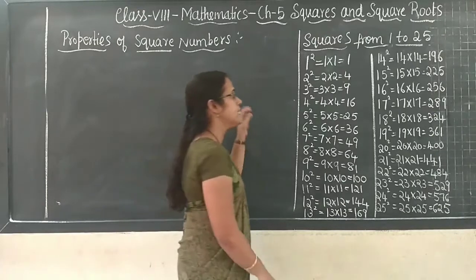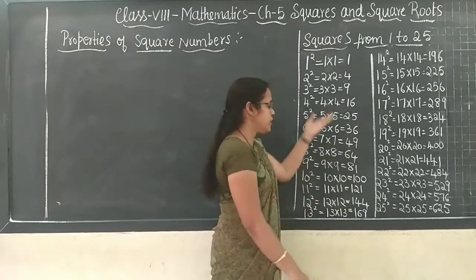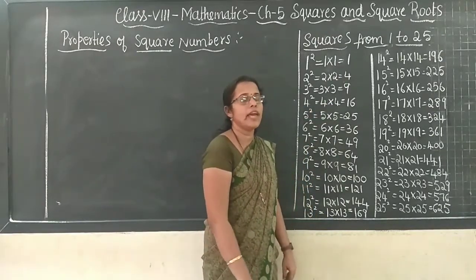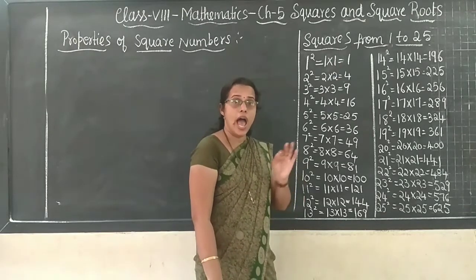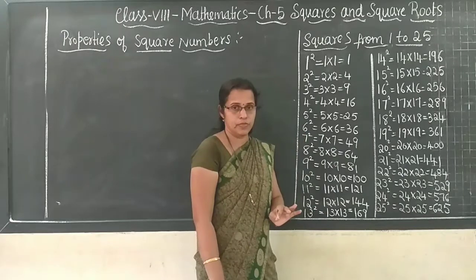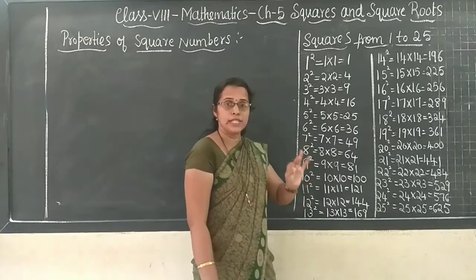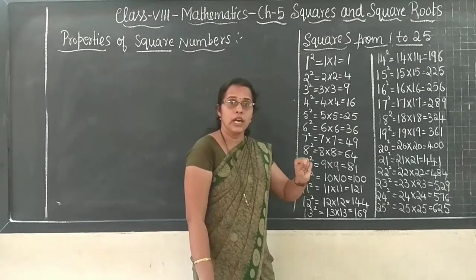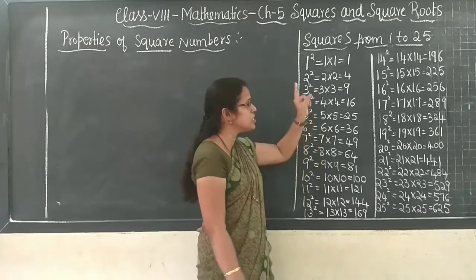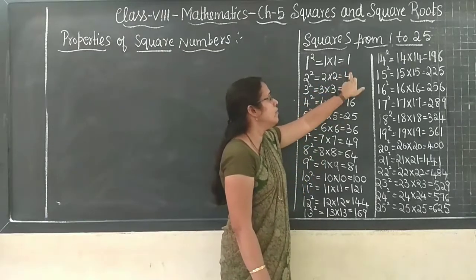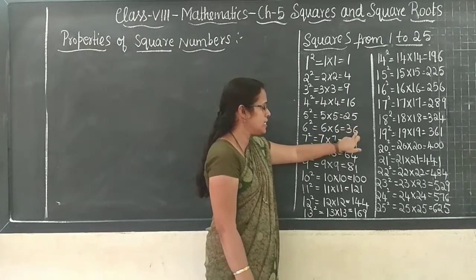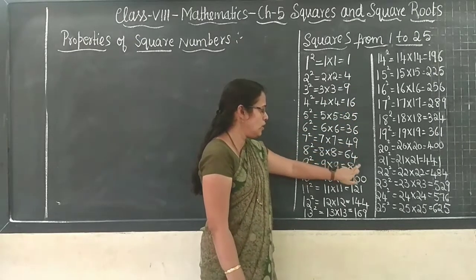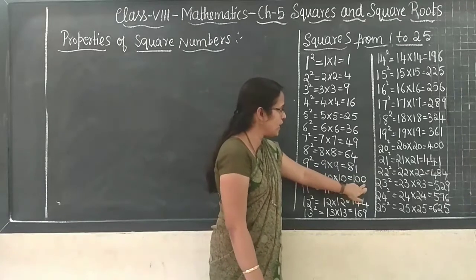First property, what does it say? If you see the table, you can make out. Every square number, if you see the unit place: 1, 4, 9, 6, 5, 6, 9, 4, 1, 0.